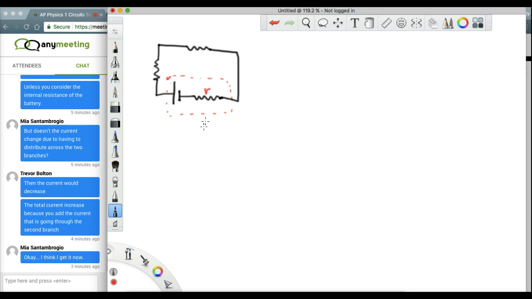And they told us that R equals 0.5 ohms. Typically the resistance of the battery will be pretty low. They had our fancy E symbol there, which stands for EMF, electromotive force, is 24 volts. That's the maximum possible voltage that that battery can give when there's no current running through it. But guess what? There's going to be current running through it because we have a closed circuit. This is 3.5 ohms, and this is 2 ohms.